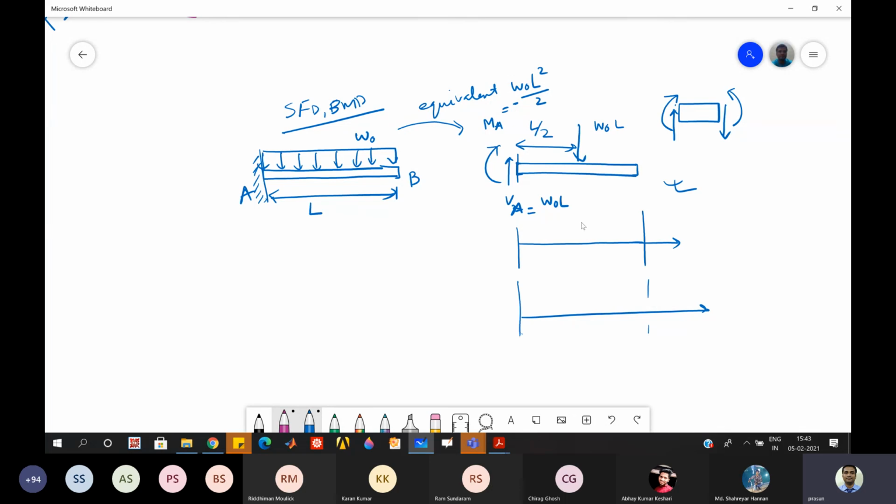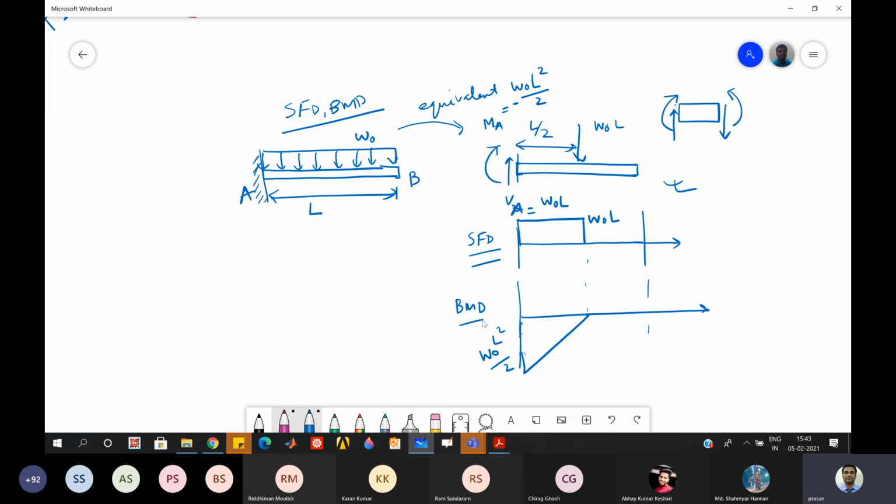You can see the SFD will be here. There is some load coming like this. So this is your W0L, and the moment equilibrium will say, you just verify, you will see that it will be 0. It will be coming here. So this is W0 L square by 2. So this is BMD and this is SFD.